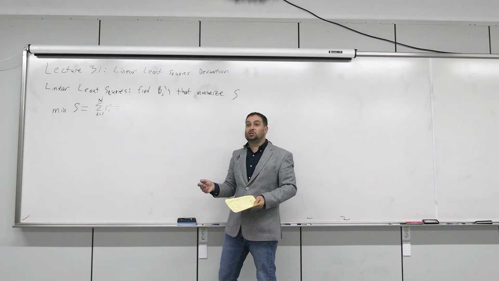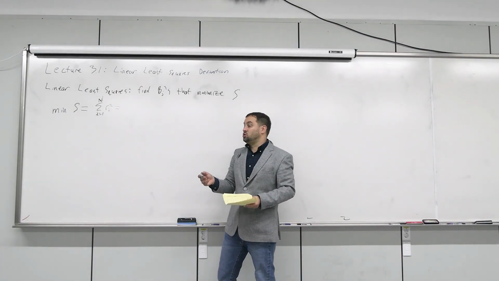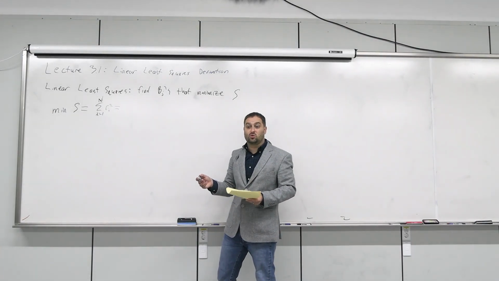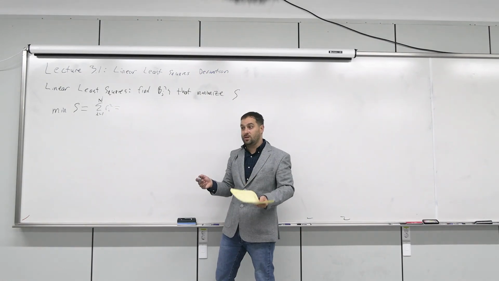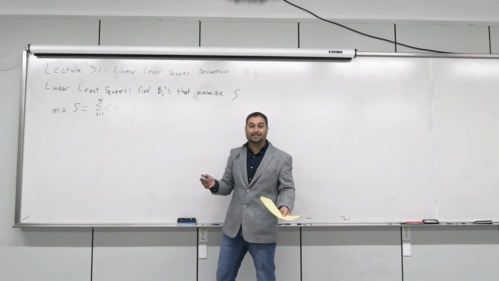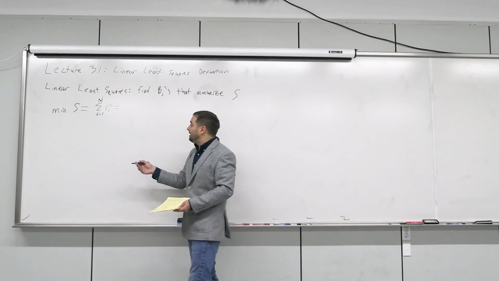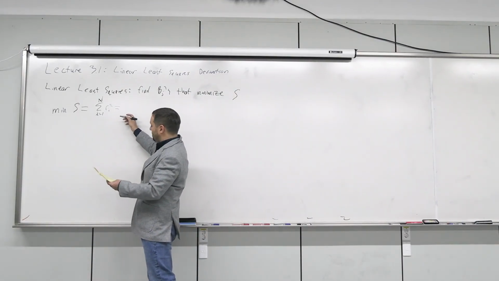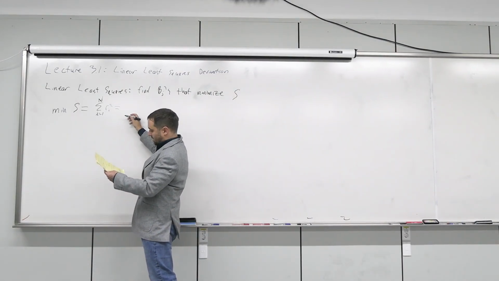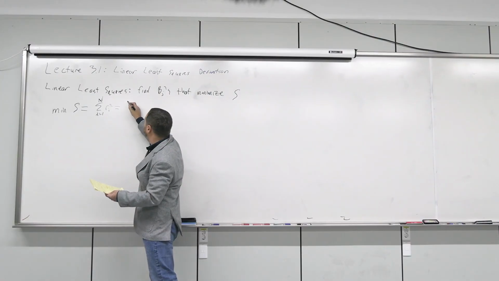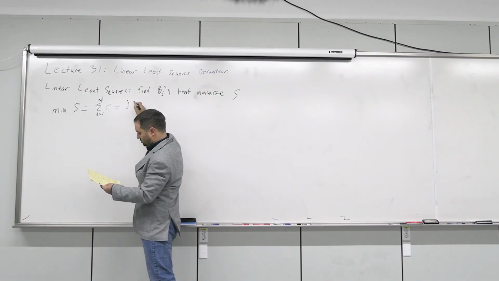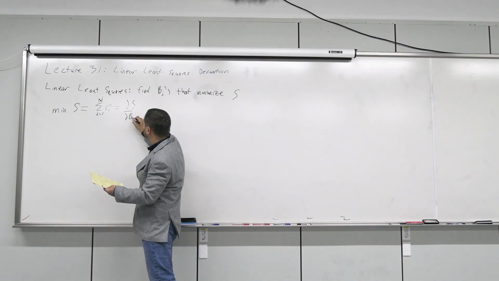The minimum of the function occurs when the first order derivatives are equal to 0, indicating either a local maximum or a local minimum. So for the minimization, we have to take the partial derivatives of S with respect to beta j.